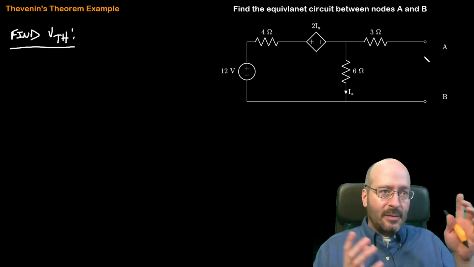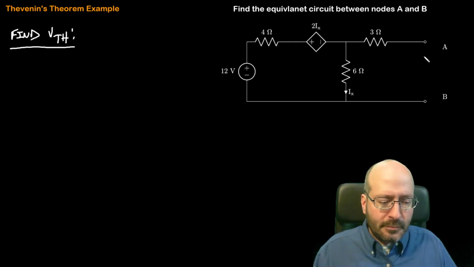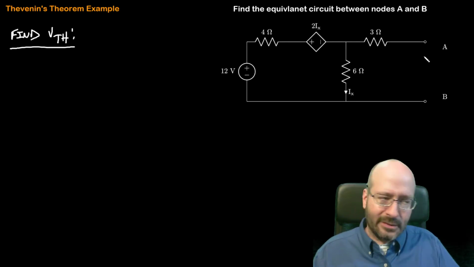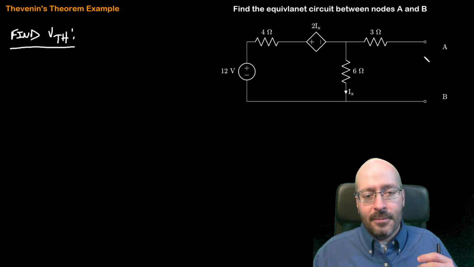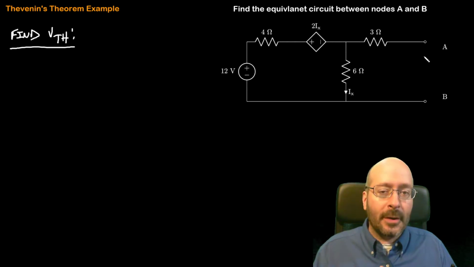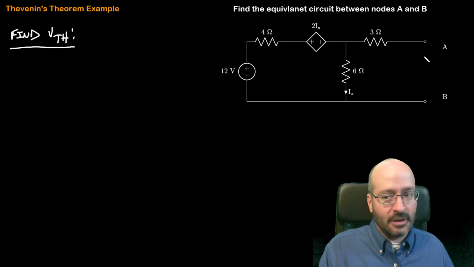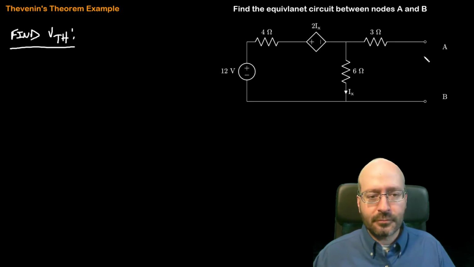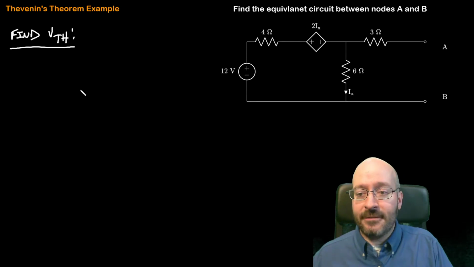Coming out of textbooks, coming out of videos like this, we don't have that context. So when we're taking exams, I usually say, come ask me if you're unclear. I try to state it as clearly as I can. I will give you that context. In real life, you should have some understanding of what portion of the circuit is fixed and what portion of the circuit is changing. Okay, everything we see here is the fixed circuit, and we got to find V Thevenin.